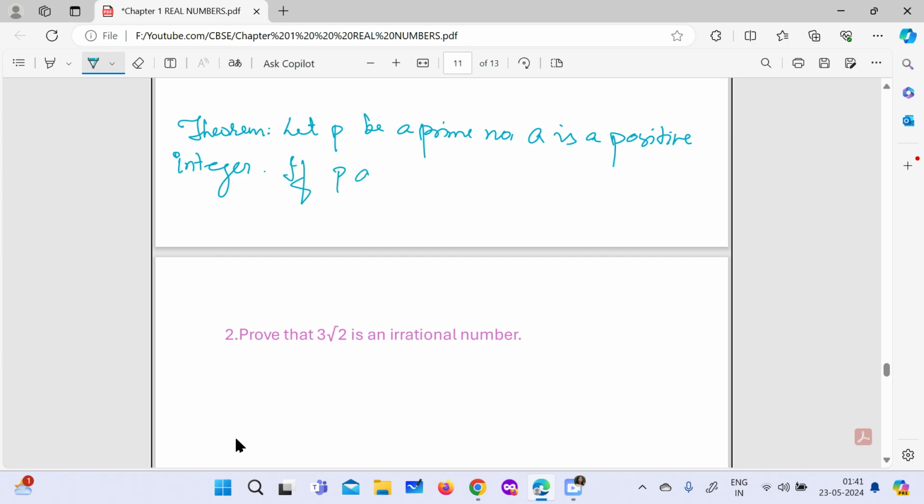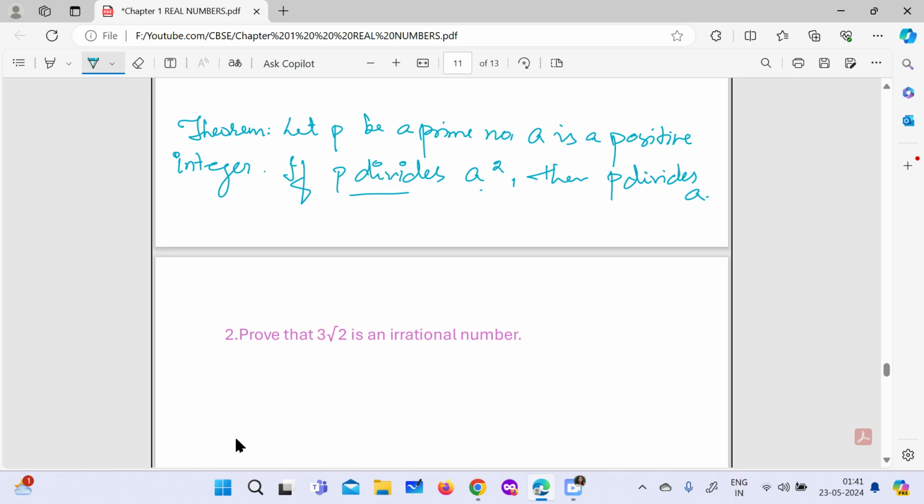If p divides a square, then p divides a. This is very important. So what it says is that, let p be a prime number and a is a positive integer. So if p divides a square, then p also divides a, right?